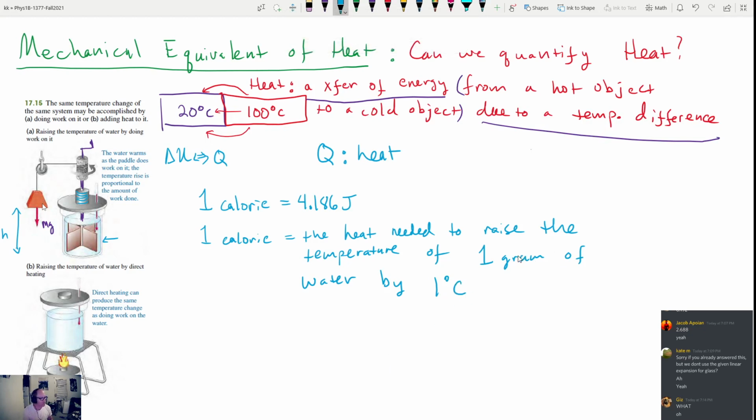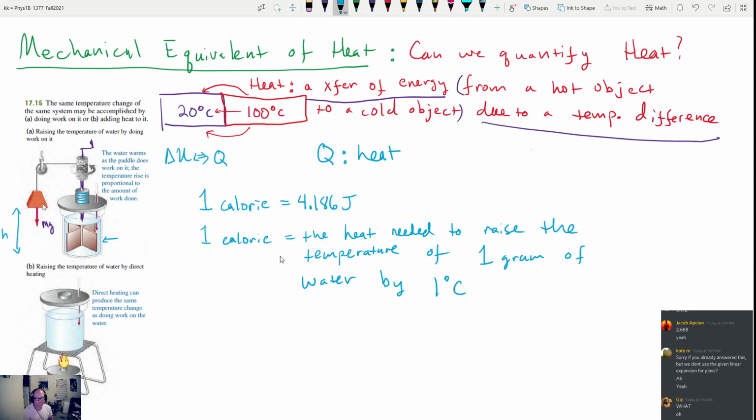So there's the mass. You have a gram of water, and if I heat it up by 1 degree Celsius, the amount of heat that I've added is 1 calorie of heat. If I take 1 gram of water and I raise it by 2 degrees Celsius, then the amount of heat that's been gained is 2 calories, or about 8 joules.